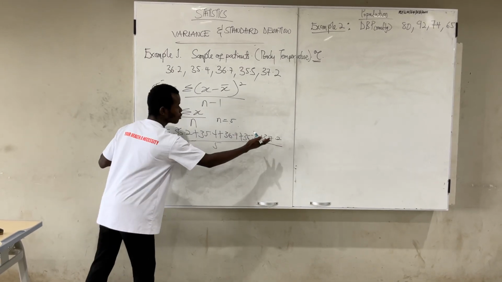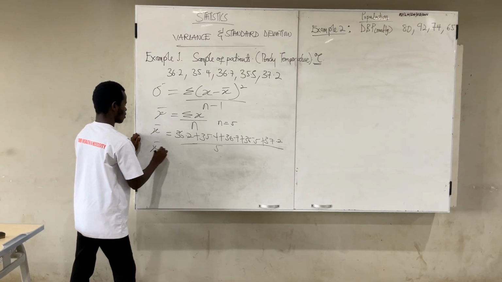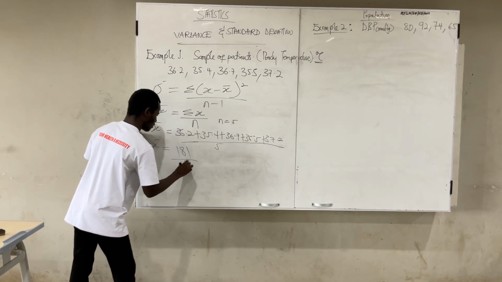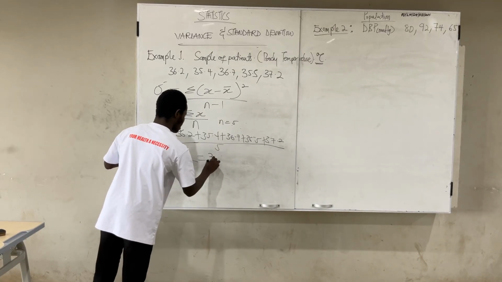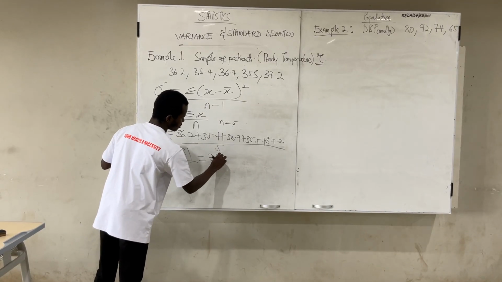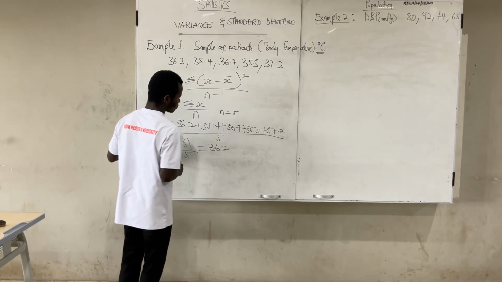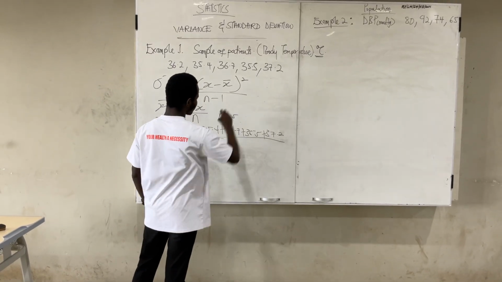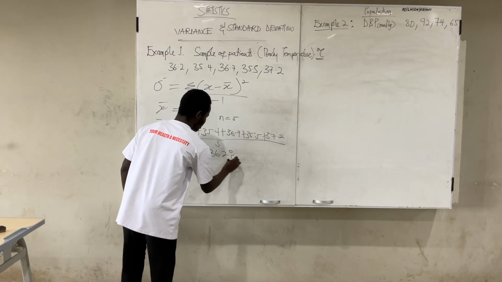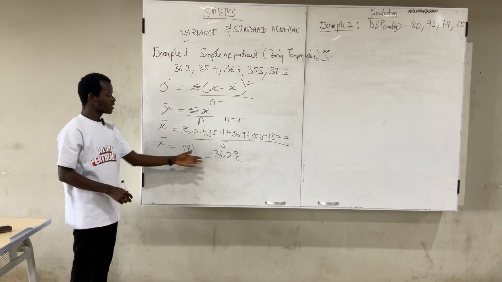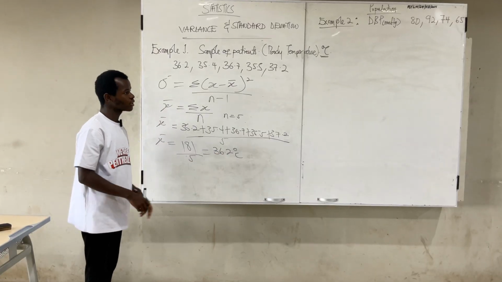So the numerator, when you compute it, you get 181, divided by 5, which will give us 36.2. The temperature is measured in degrees Celsius, so you bring degrees Celsius. So now we have our mean to be 36.2 degrees Celsius.